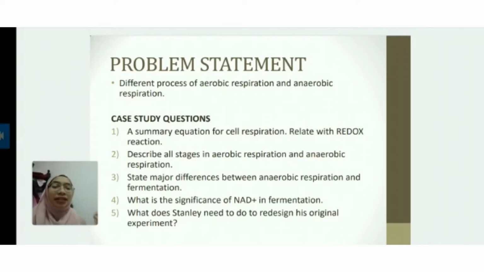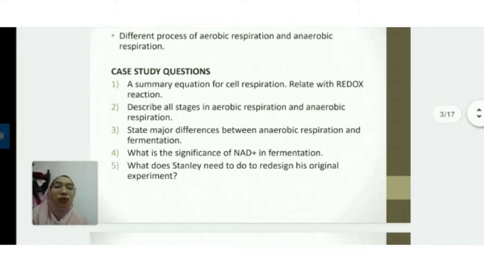Second, describe all stages in aerobic respiration and anaerobic respiration. Third, state major differences between aerobic respiration and fermentation. Fourth, what is the significance of NAD plus in fermentation? Fifth, what does Stanley need to do to redesign his original experiment?